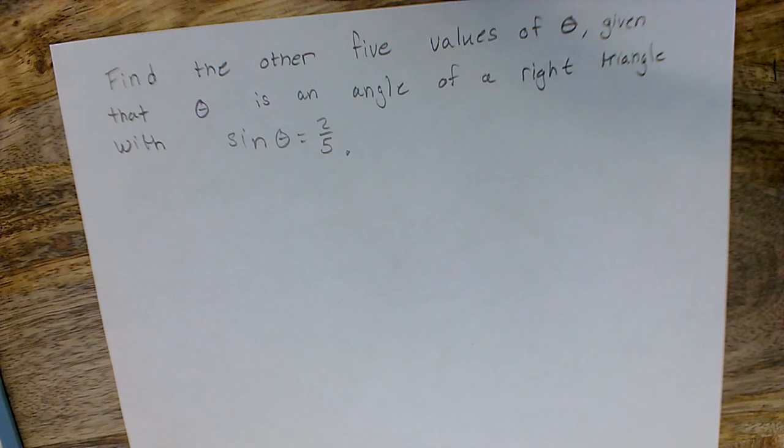In the last example, they gave you 2 of them, and now they only give you 1, and they expect you to find all other 5 of them.